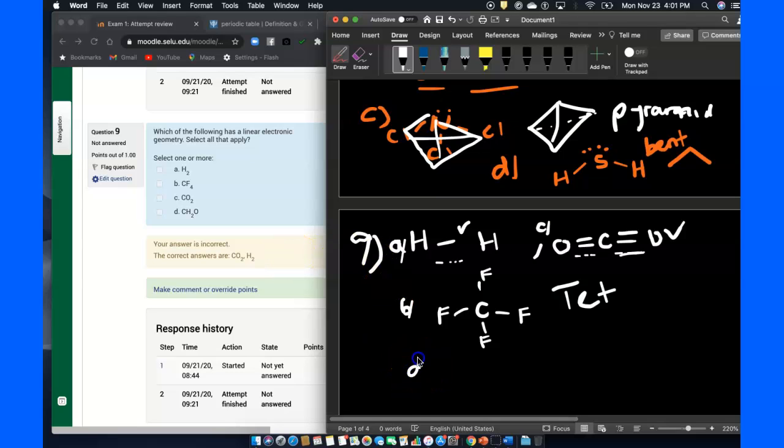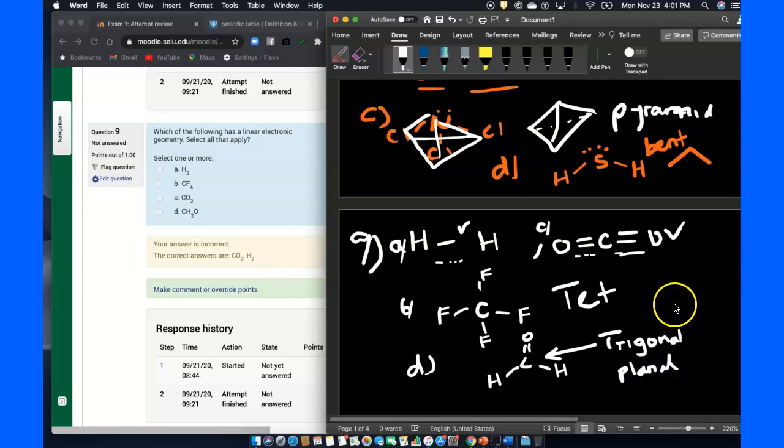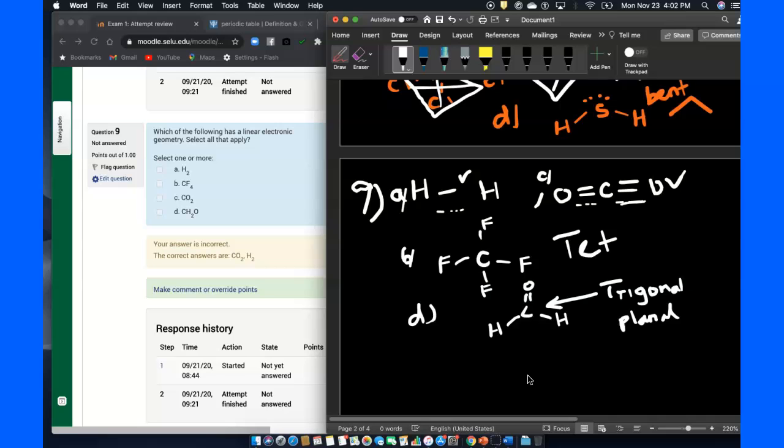And if you look at D, we already did D. For formaldehyde, we said that it has 3 electron domains, which means most likely it's going to be trigonal planar. If you get something having 3 electron domains, it's either going to be bent or trigonal planar, but here we don't have a central lone pair, so it has to be trigonal planar, which means around the carbon it's flat.